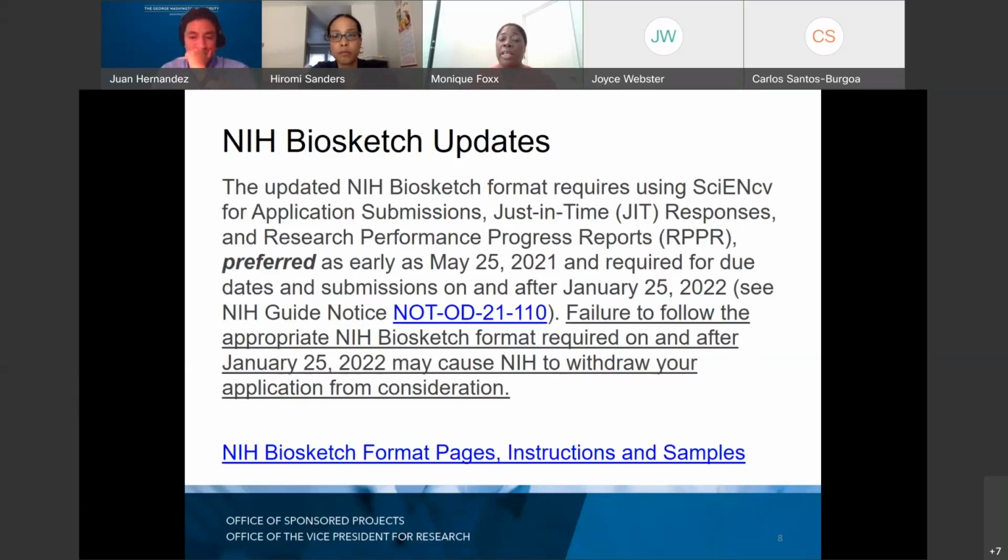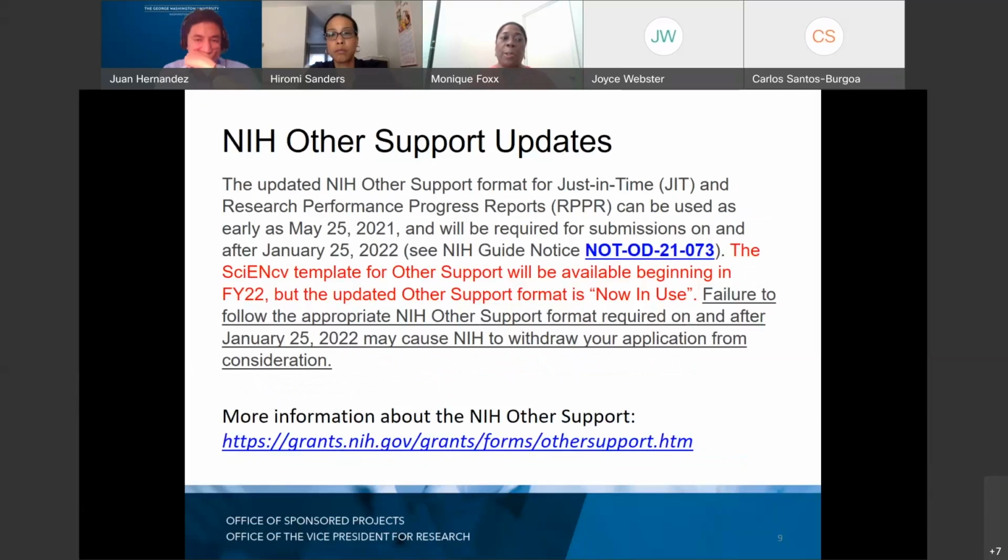However, on and after January 25th, failure to follow the appropriate biosketch format will cause NIH to withdraw your application from consideration. Now here it does say may cause, because again, I'm not the NIH, that is their decision. But of course, with proposals, we always encourage our researchers to follow the sponsor's instructions. So here is a link here about the biosketch format, instructions, and some samples.